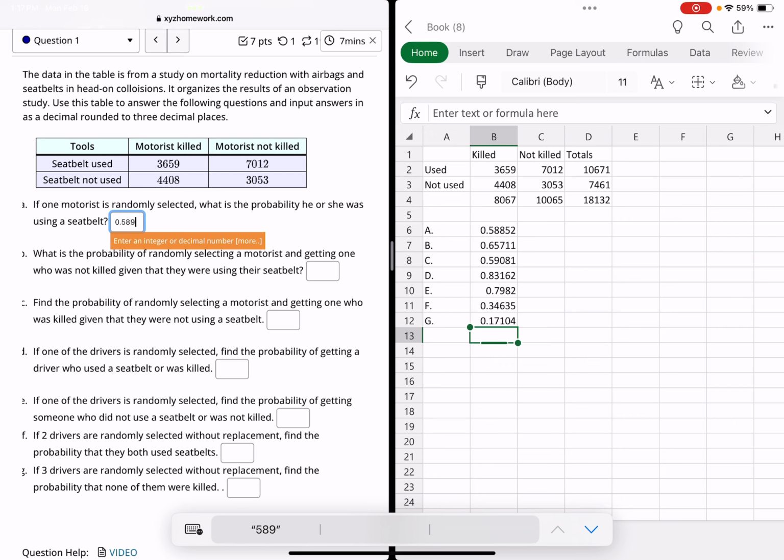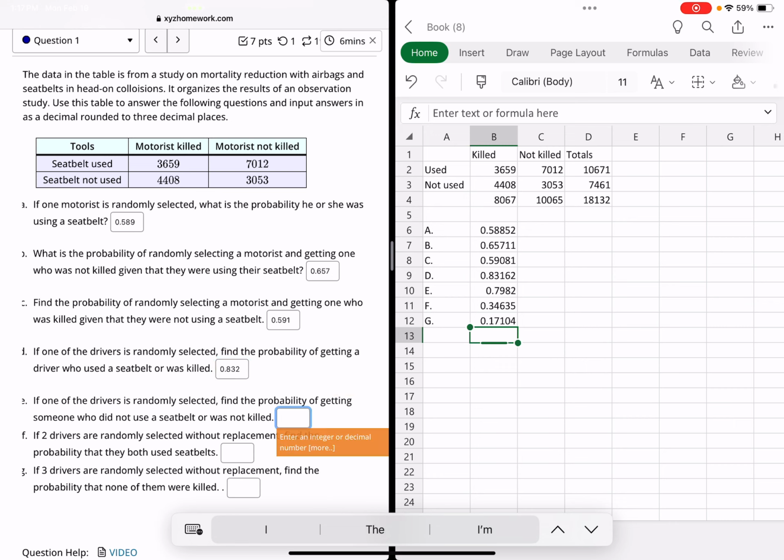0.589, rounded to the nearest third decimal place. 0.657, 0.591, I'm on D. 0.831, 0.832.